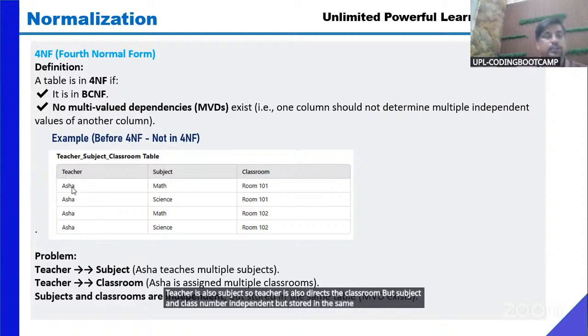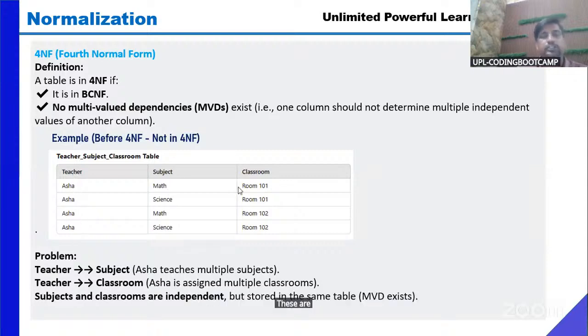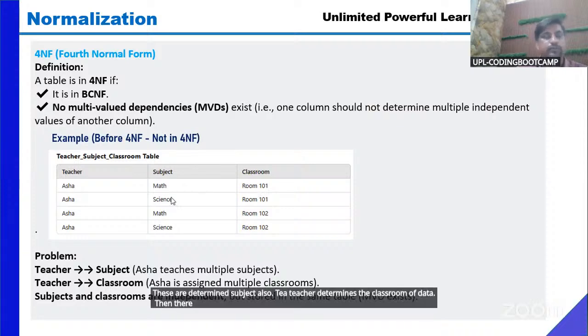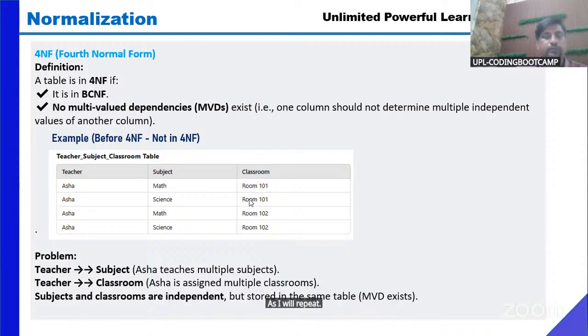If there are 5 subjects, Asha will repeat 5 times for each classroom, 5 into 5, 25 records will come. That is the problem with multi-valued dependency.